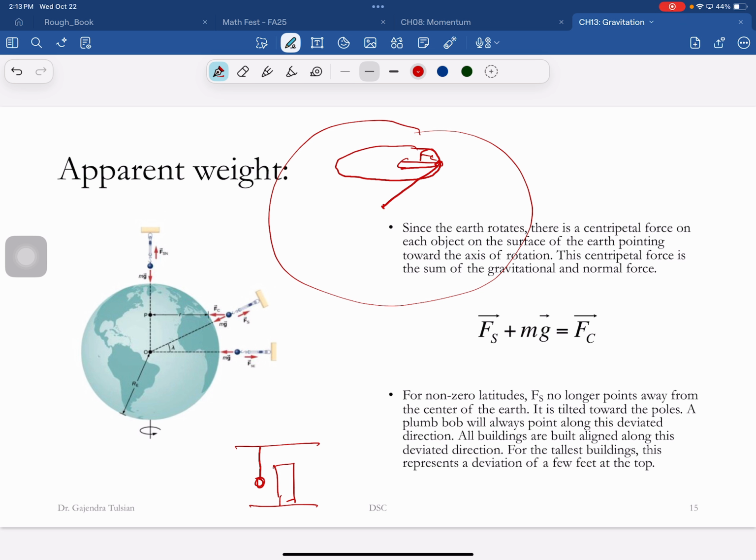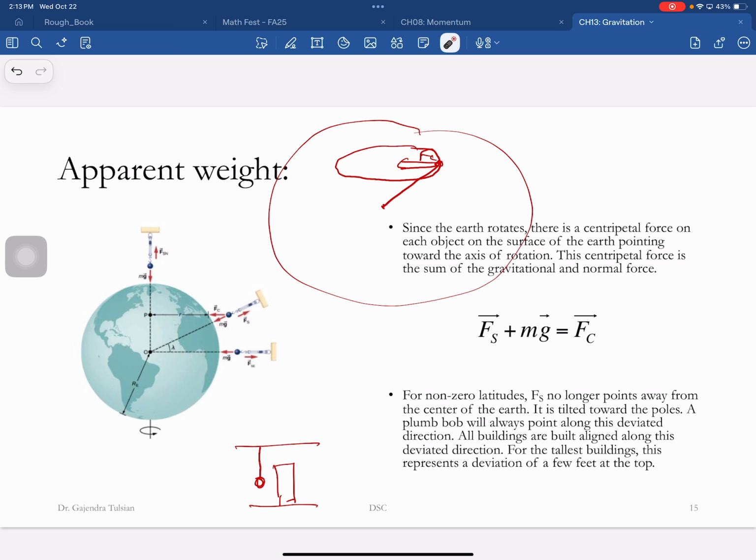The force, the weight of the Earth, and the tension that the plumb bob exerts on this mass, those two should add up to give you that centripetal force.